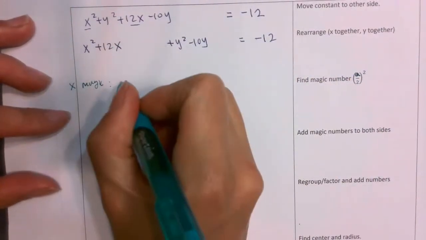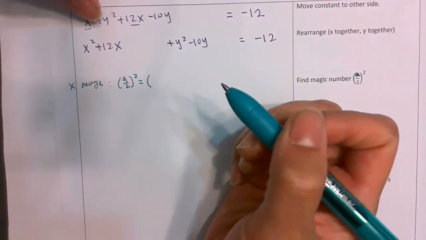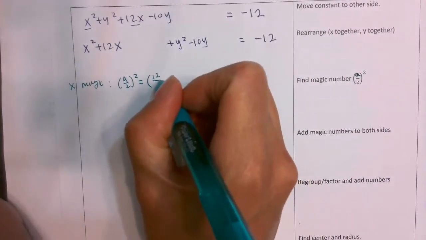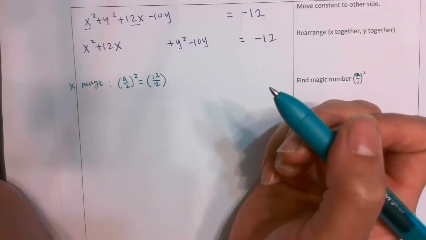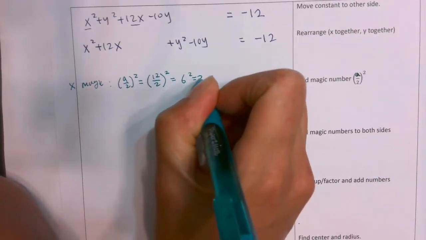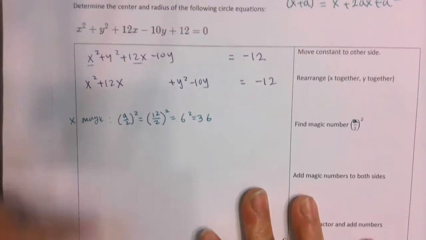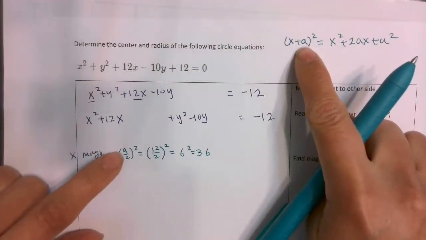A over 2 squared. What's the a value? 12 over 2 squared, equal to 6 squared, is equal to 36. Just FYI, that a and this a are not the same.